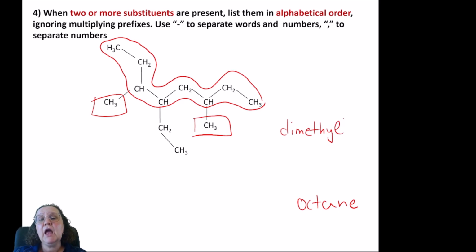My octane is also going to have this substituent that has 2 carbon atoms, and a substituent with 2 carbon atoms is an ethyl group. So my octane is going to have 2 methyl groups, which I call dimethyl, using the Greek prefixes, and 1 ethyl group.